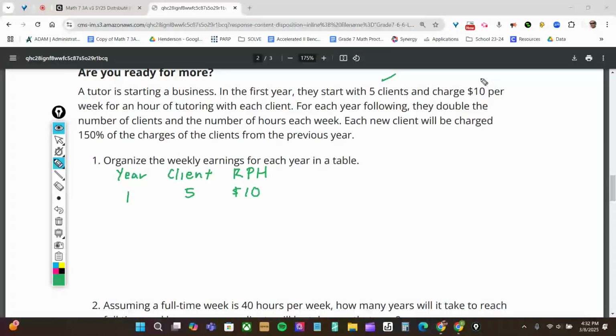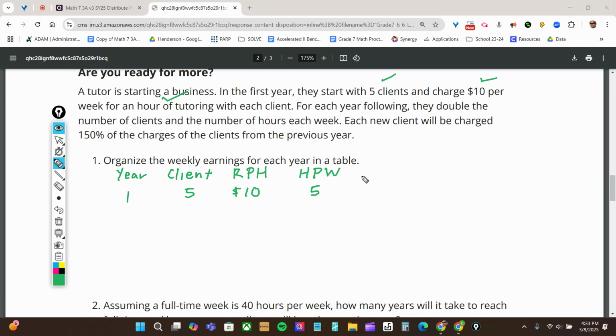Okay, for each year. In the first year they start charging 5 clients $10 per hour for an hour of tutoring. Okay, so 1 hour. Hours per week, so that's 5 times 1. So 5 clients, 1 hour. That's going to be 5 hours per week.